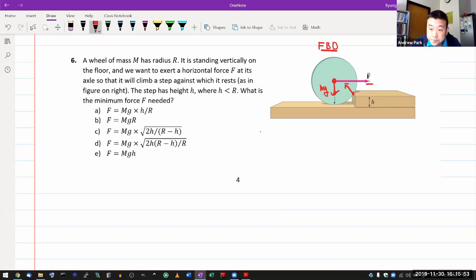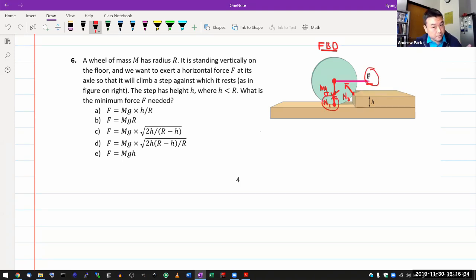Actually, there are two normal forces, so let me call this N2. I'm imagining the case where the applied force is 0. If your applied force is 0, then there might be another normal force coming from this bottom point of contact. Now, this is what I want you to imagine. As you apply this force, the moment before the wheel goes over, what would happen with this bottom normal force?